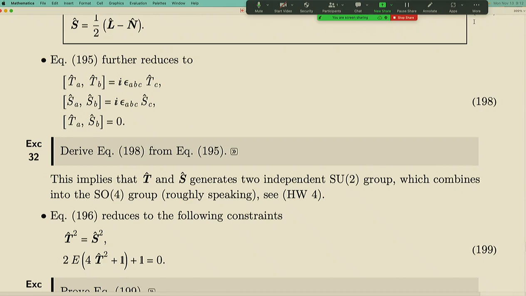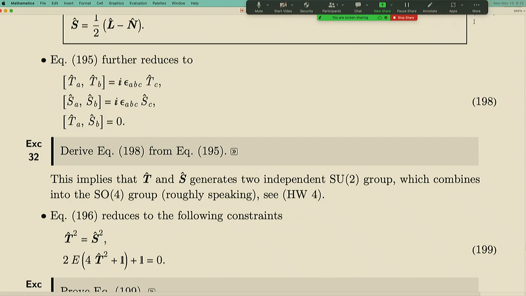In homework 4, we show examples of how T and S can be written in terms of these anti-symmetric, purely imaginary matrices. From there, you can show that these generators of SO4 satisfy this commutation relation. So we should think of this commutation relation as basically the defining property of the SO4 group.